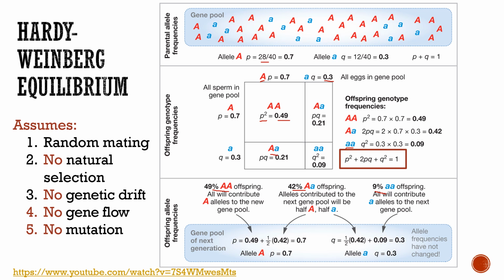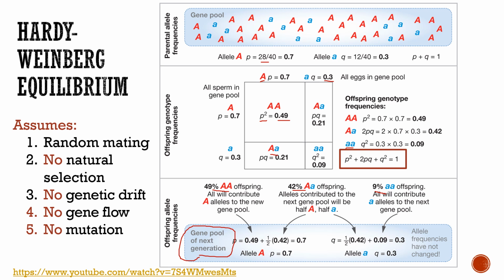So if we know the gene pool of the next generation, whenever these offspring mate and have our next generation, what we can do is determine the contributions for each of these alleles.